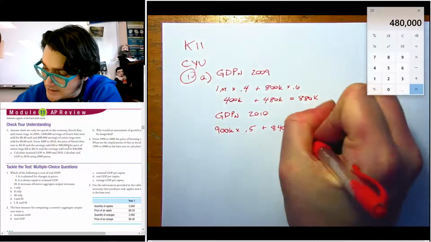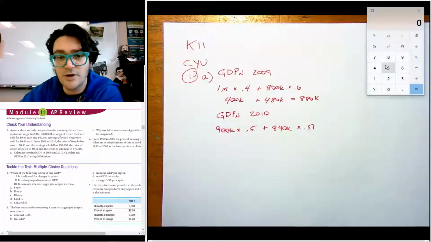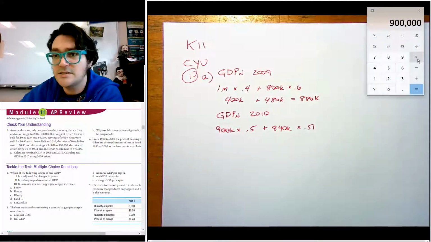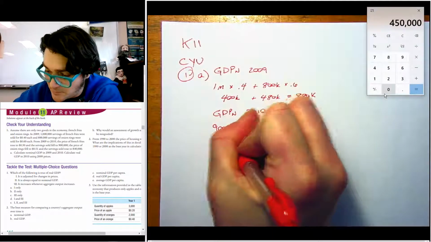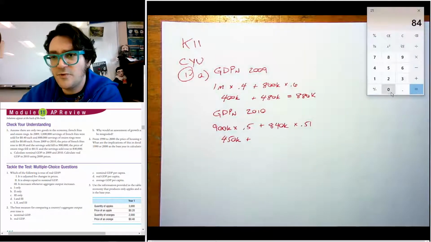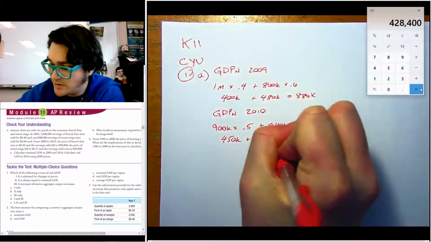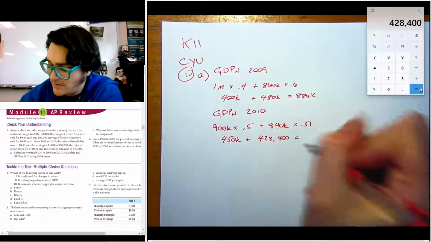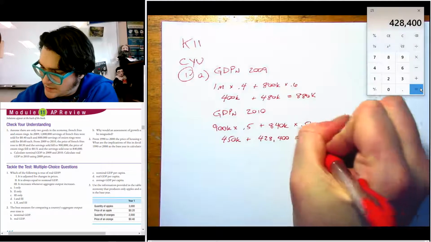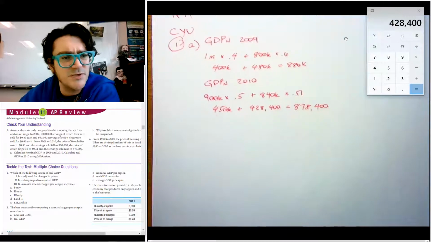These are oddly specific numbers. 900,000 times 0.5, we already know, is 450,000, plus 840,000 times 0.51, which is 878,400. Why would they do that? I hate it when textbooks do that stuff.